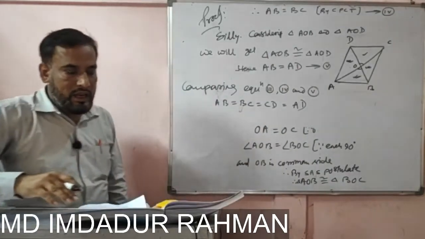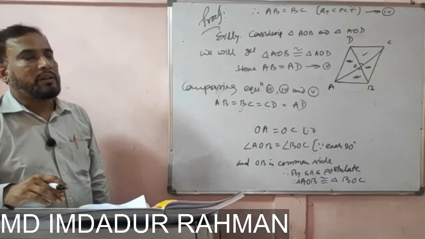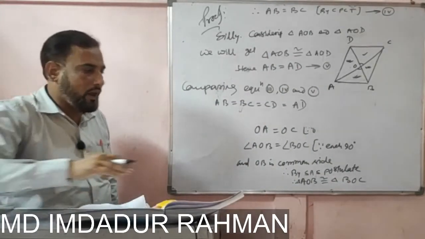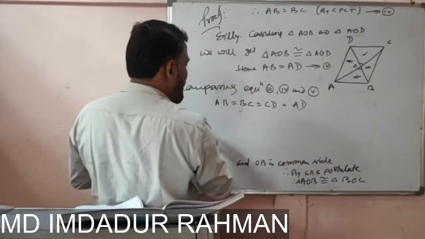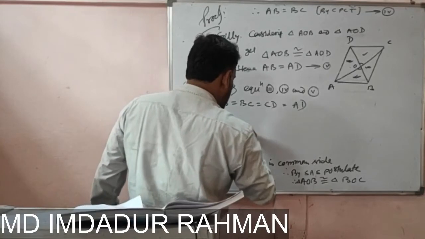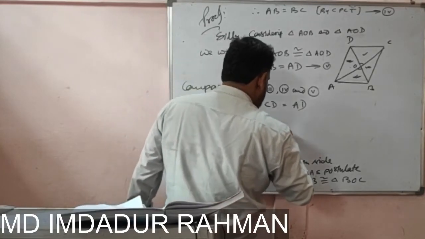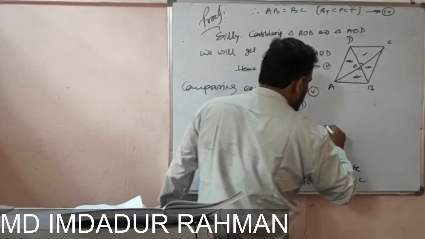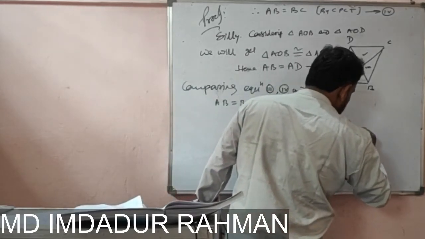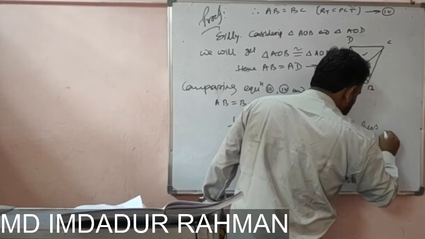So in a quadrilateral, if all the sides are equal, then we can say that it is a rhombus. Therefore, hence we can say that ABCD is a rhombus. Proved.